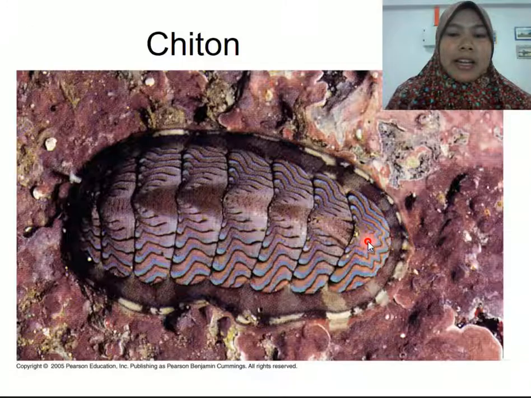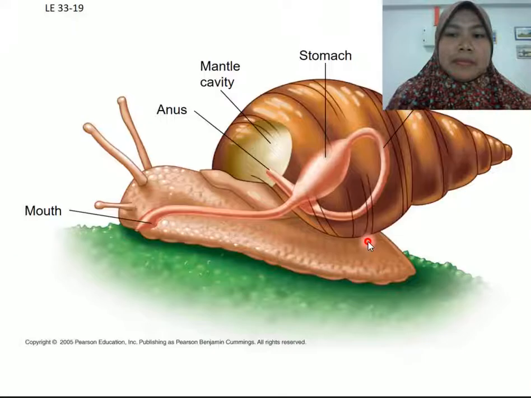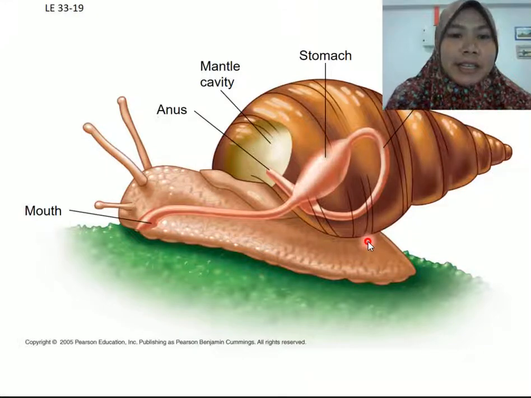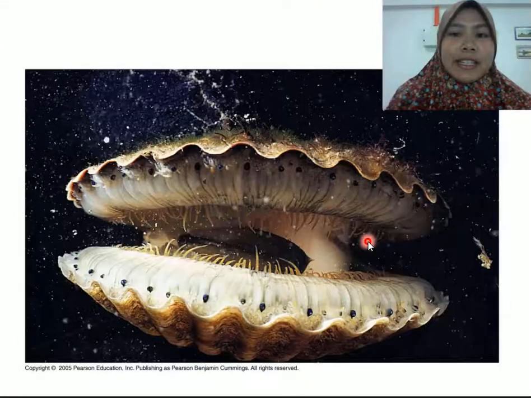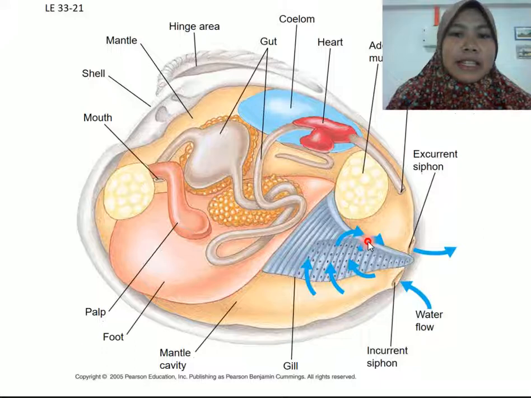Land snail, oysters. So this is the internal organs of the visceral mass of the mollusk.